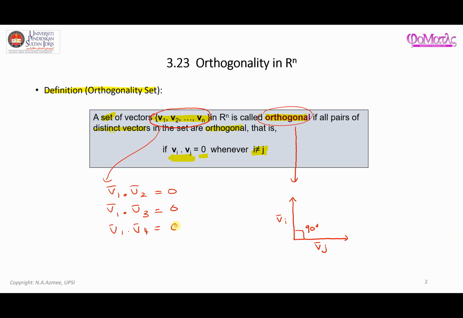So you need to do that systematically and then move on to v2 with v3, v3 with v4, and so on. You have to check that all pairs of these vectors are indeed orthogonal.